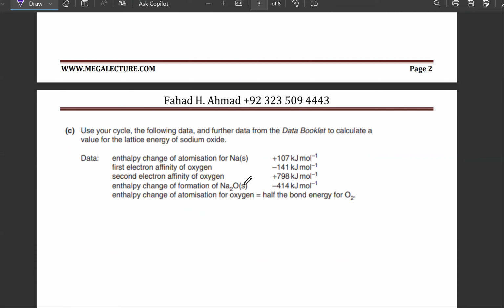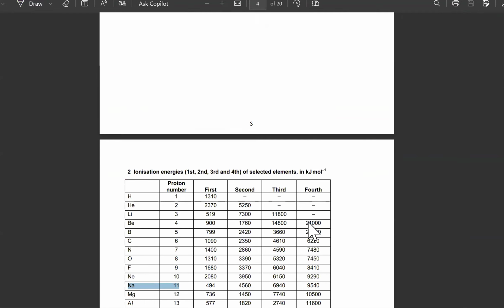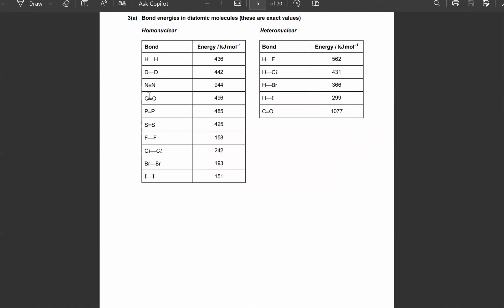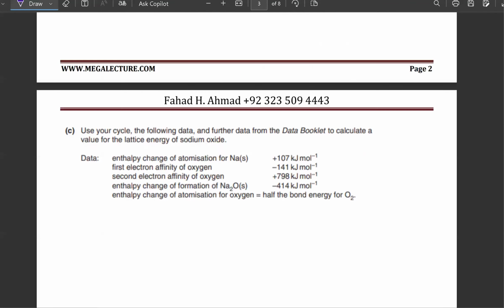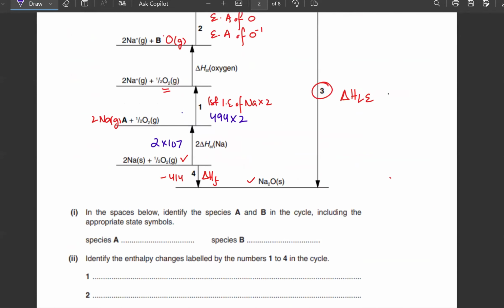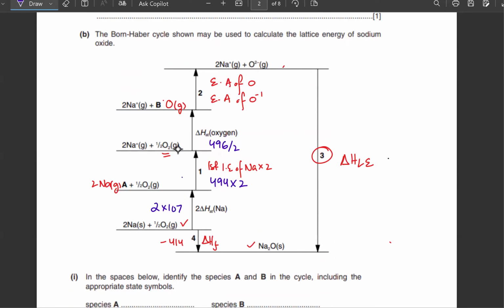They told us that the atomization of oxygen is equal to half the bond energy of O2. So we look at the data booklet and find the bond energy, which is given as 496. So this one is 496 divided by 2, because you're breaking half moles of oxygen molecules.